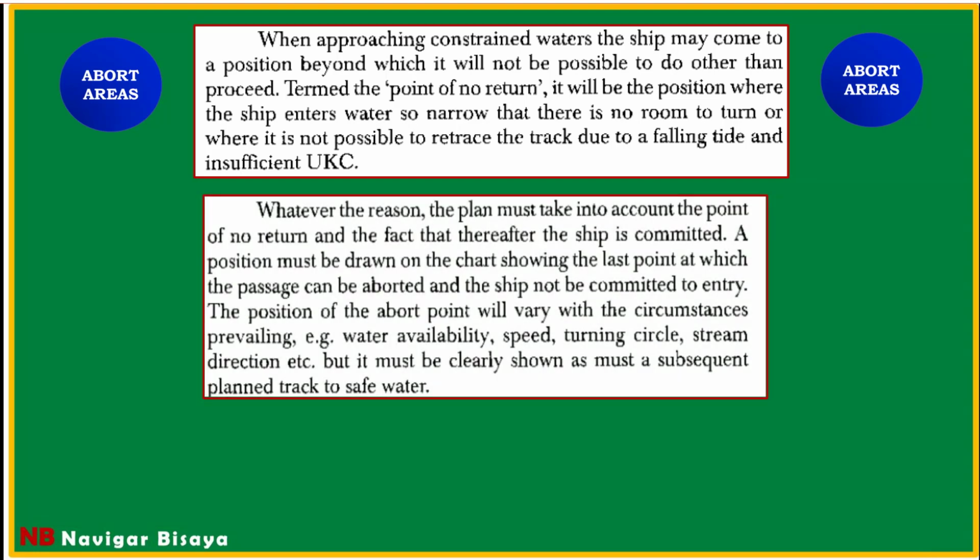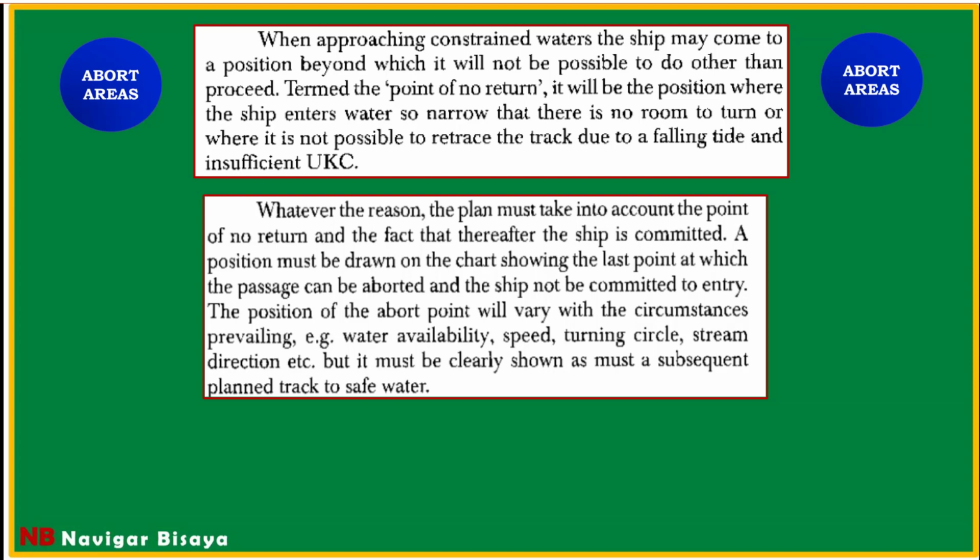Whatever the reason, the plan must take into account the point of no return and the fact that thereafter the ship is committed. A position must be drawn on the chart showing the last point at which the passage can be aborted, and the ship not be committed to entry.